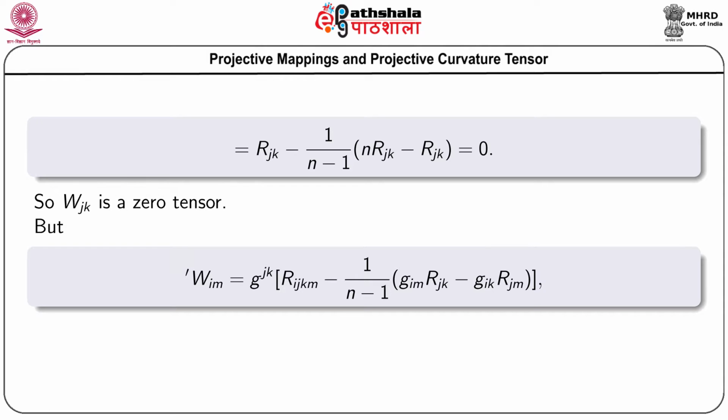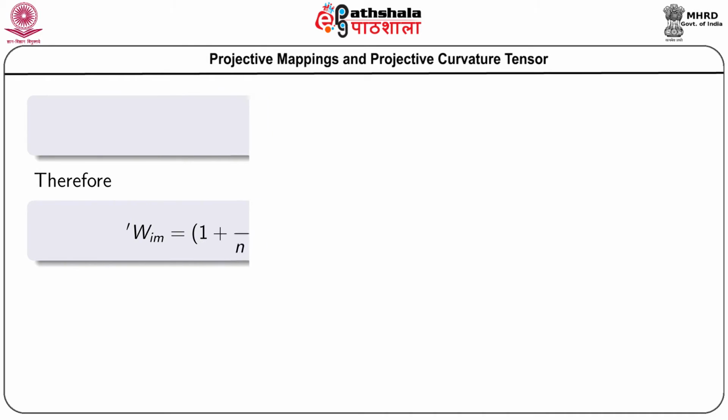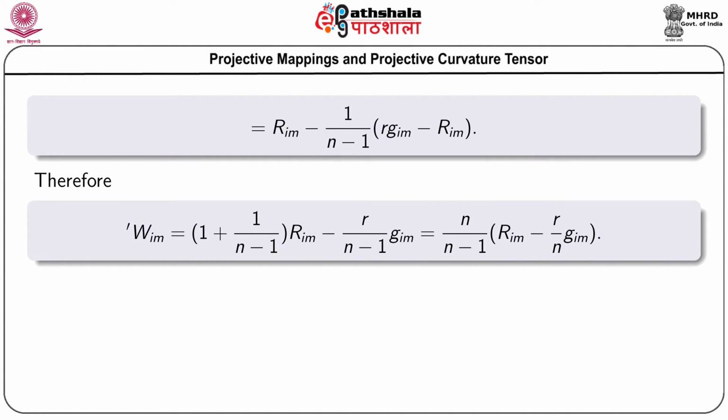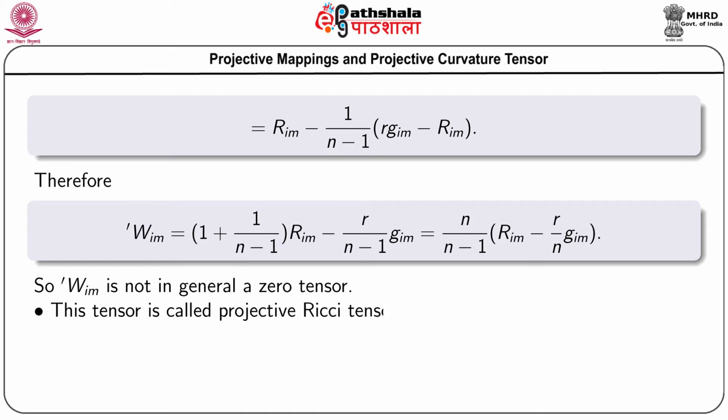into the 4 tensor W^i_{jkm}, and the expression of the W^i_{jkm} is given by this expression R^i_{jkm} − 1/(n−1) (g_{im} R_{jk} − g_{ik} R_{jm}), and with the inner product we get this expression, and therefore the W'_{im} has this type of relation: n/(n−1) R_{im} − R/n g_{im}. So, W'_{im} is not in general a 0 tensor.